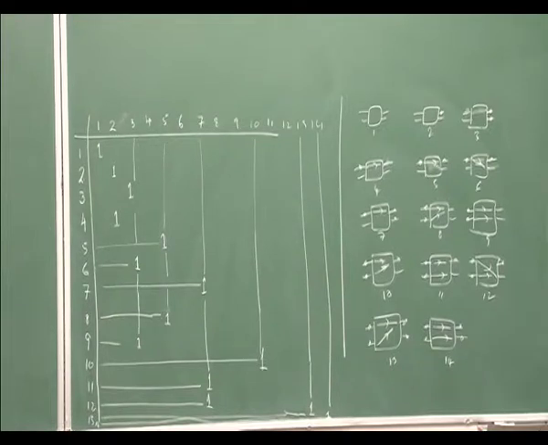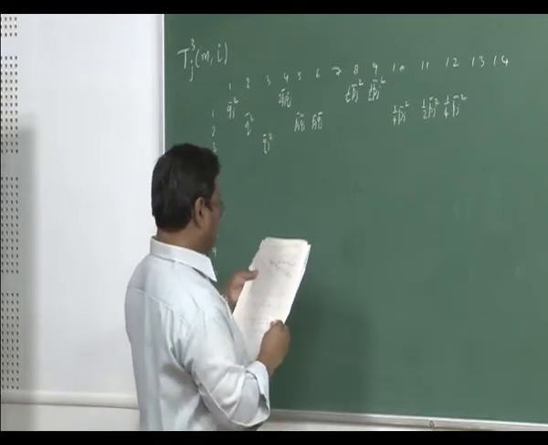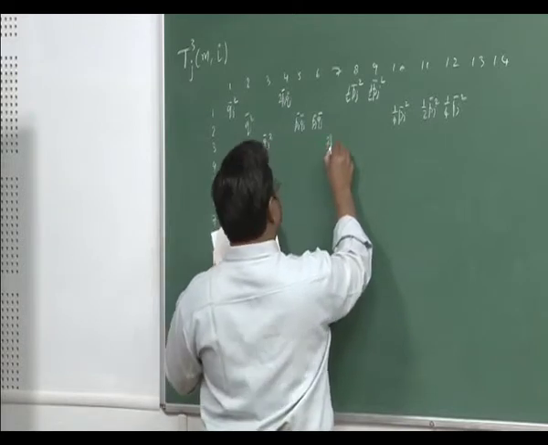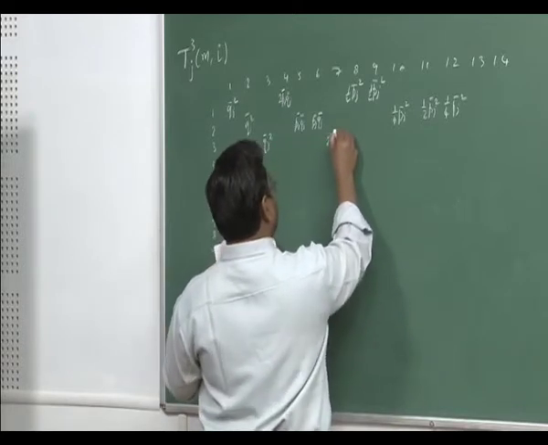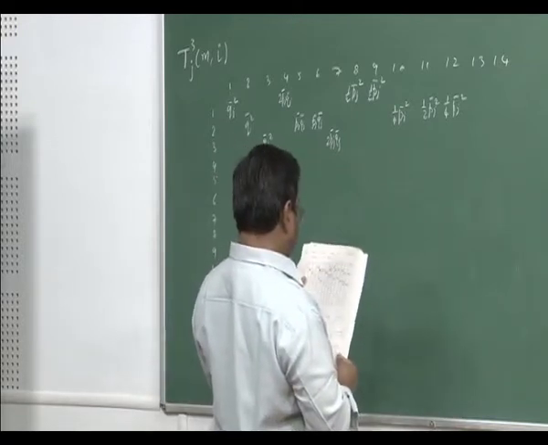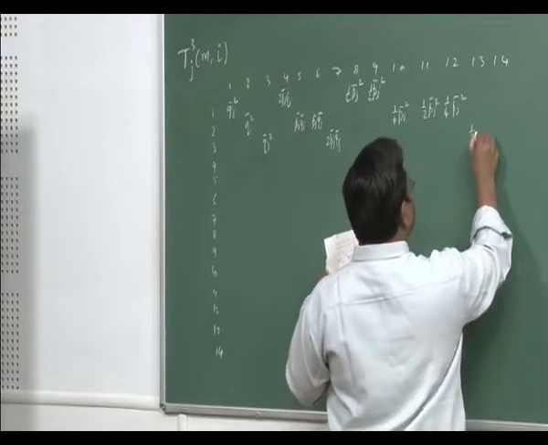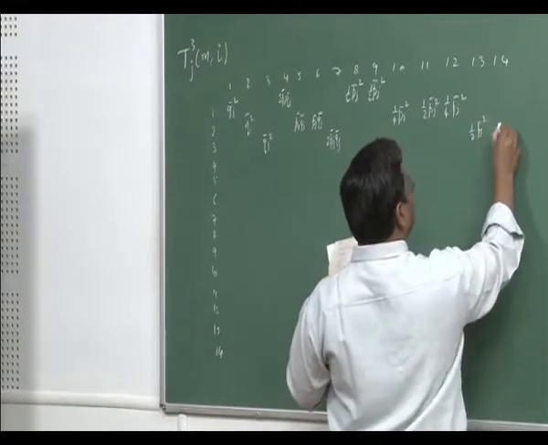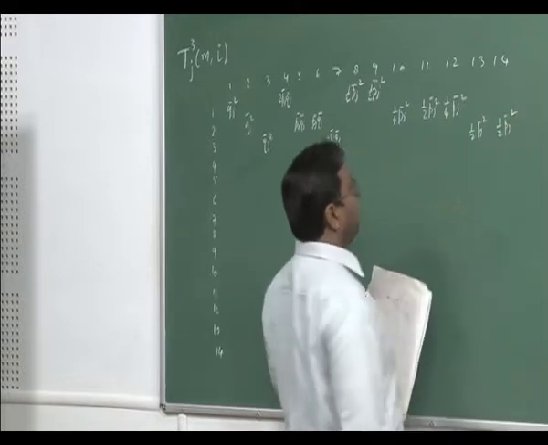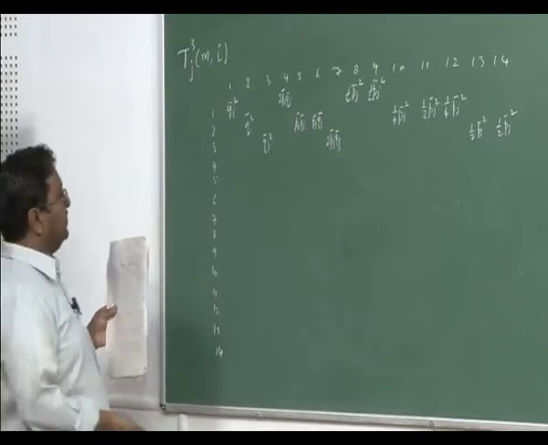It's possible. 3 to 3, Qj bar square, 7, and then 13 and 14. This is from state 3.